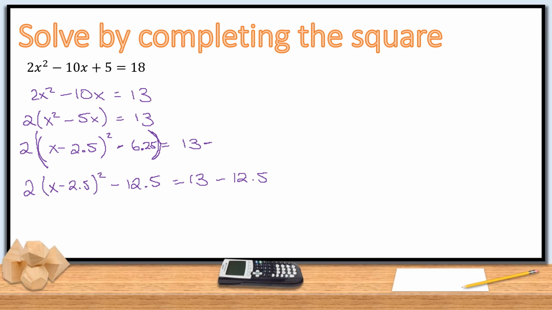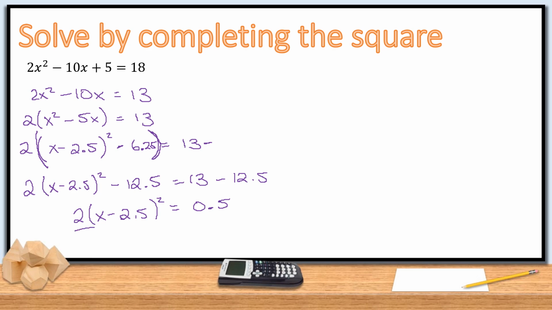All right, so that brings us, the plus and the minus are canceling out over here, so we're good. So we're going to have 2 times x minus 2.5 squared is equal to 13 minus 12.5, which is 0.5. All right, so we good? Now, solving it.